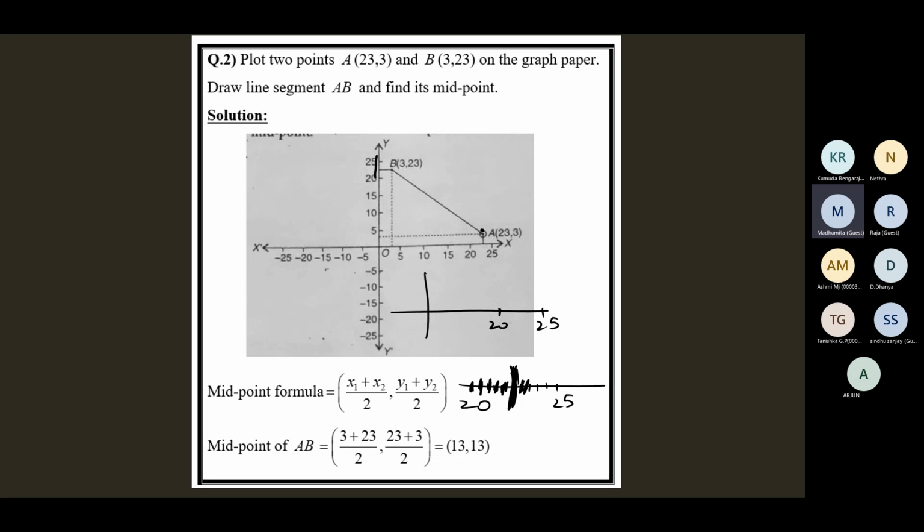Divide by 10, 0.5. So each subdivision, after any number, you should jump by 0.5. After 20, you should not say 21, you must say 20.5. Then you should say 21, because 20.5 plus 0.5.